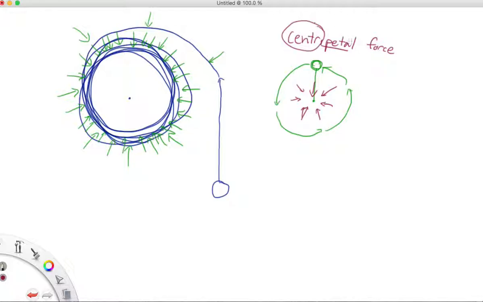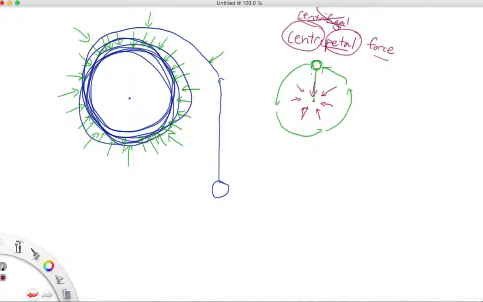It's a center-seeking force. This is not centrifugal, as some people like to say. Fugal means to get away, a fleeing force. It's not centrifugal. It's centripetal. This is the force that keeps something going along the circular path. There's always a force going in, going in, going in.